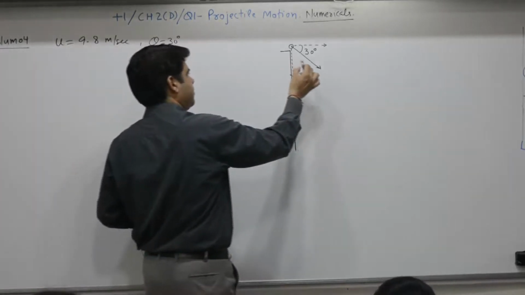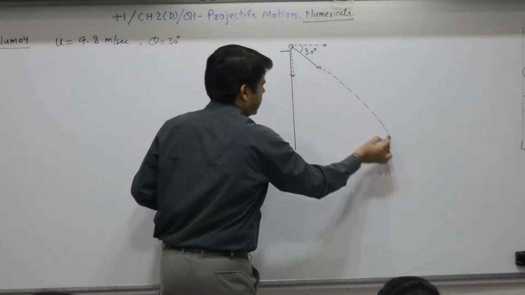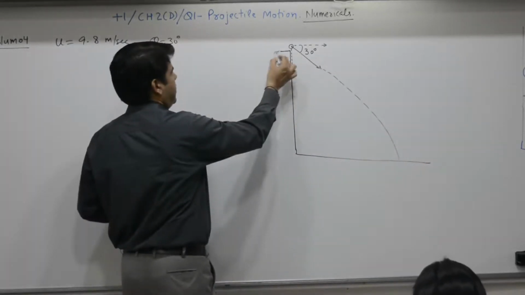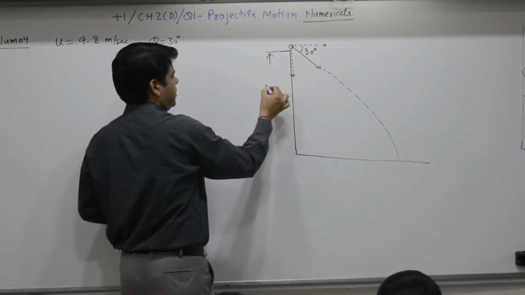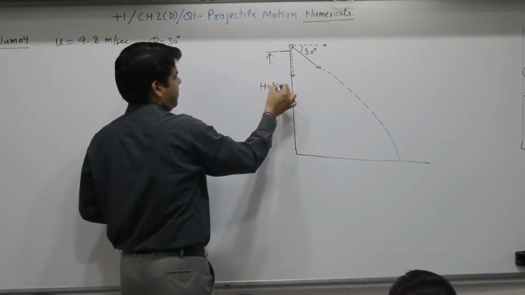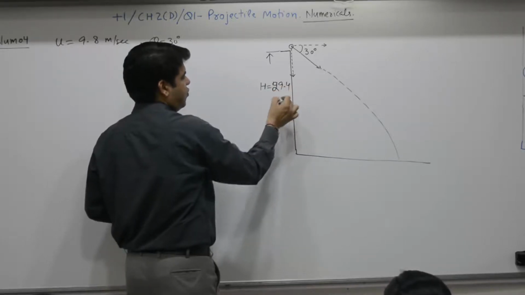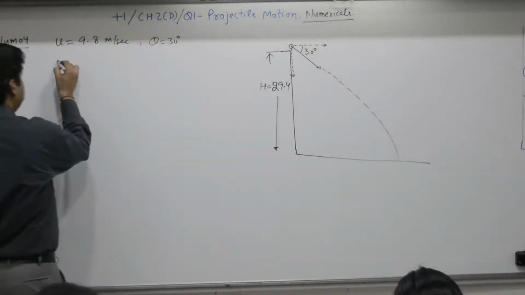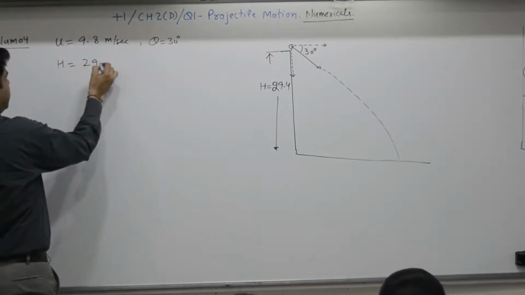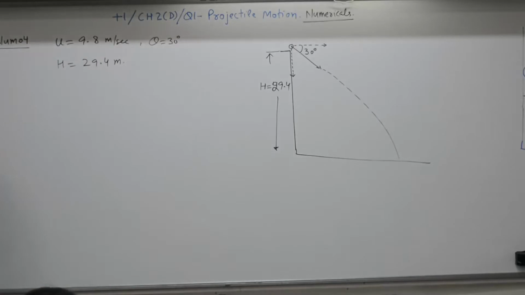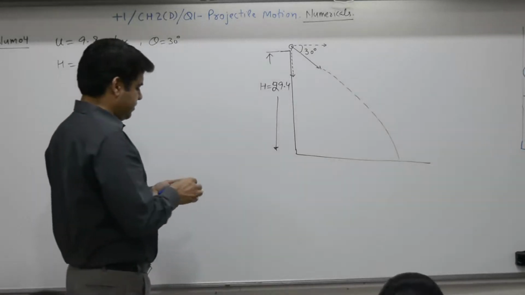So this path is likely to be of this type. Height of the building is given or not? 29.4 meters. Height of the building is also given 29.4 meters. What you have to find out is how long will it take before striking the ground, that means time of flight. How much time it will take.